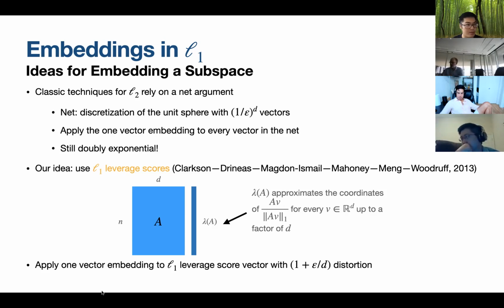You would show that you don't get an expansion, but I don't know if that leads to the lower bound, the property that I don't shrink any vector. Okay. If there are no other questions, I think I'll move on.